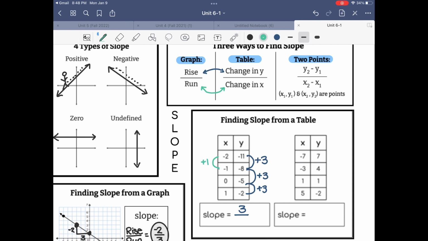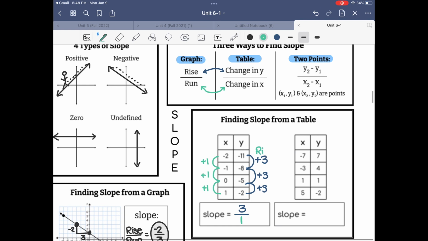From negative 1 to 0, I'm going up 1 again. And from 0 to 1, again, I'm going up 1. Always check your entire table to make sure it's the same. 1 is my run on the bottom. Rise is my 3 on the top.